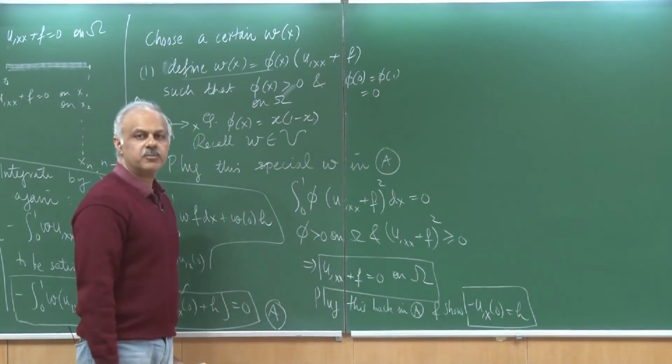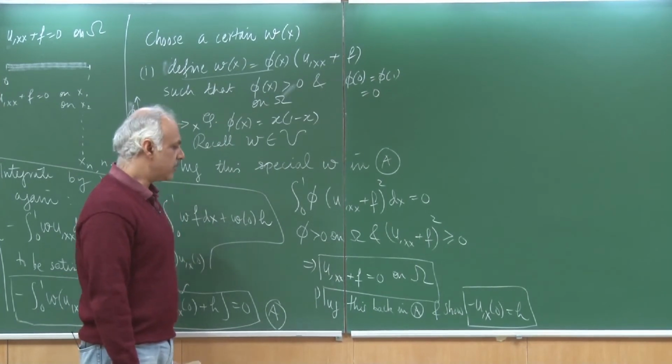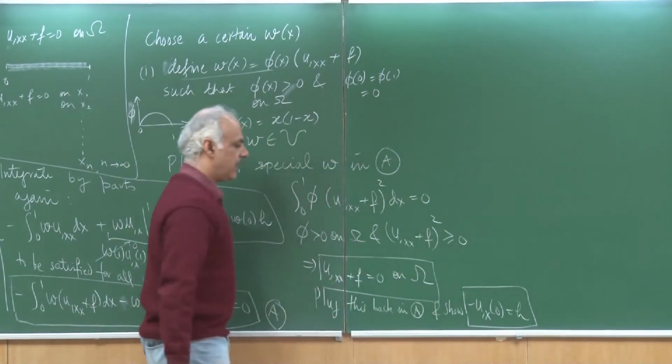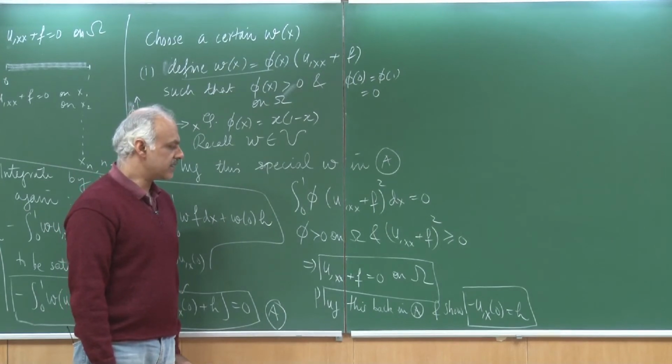So that completes the proof, and what I have done is that I started from the weak form and I have been able to show that I satisfy the strong form, which means these two conditions, the differential equation as well as the boundary condition.